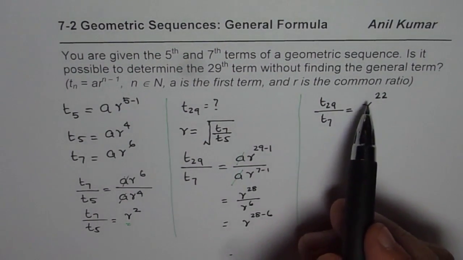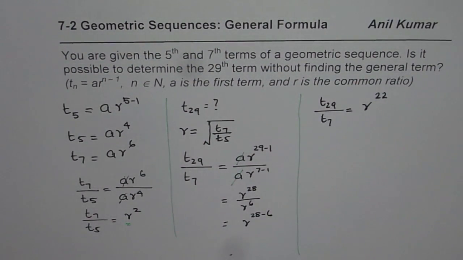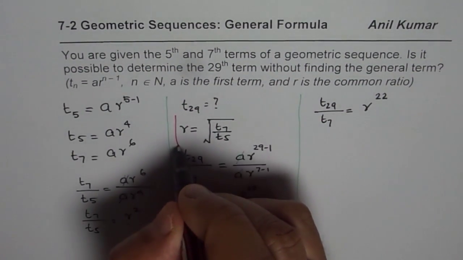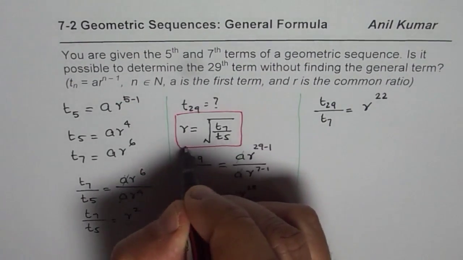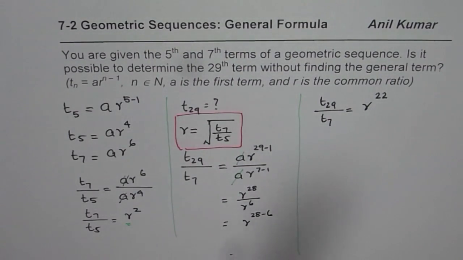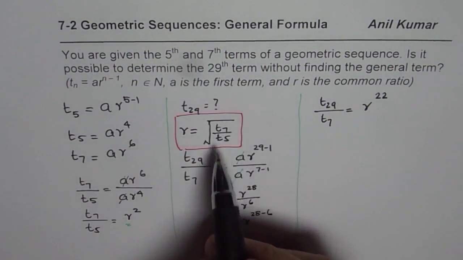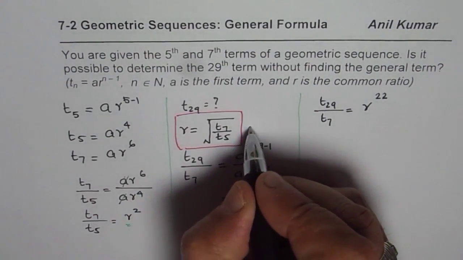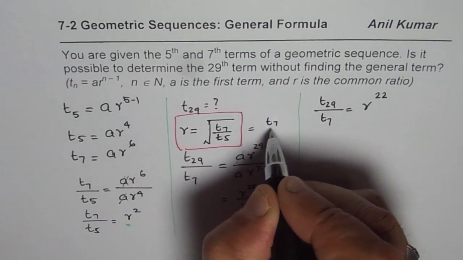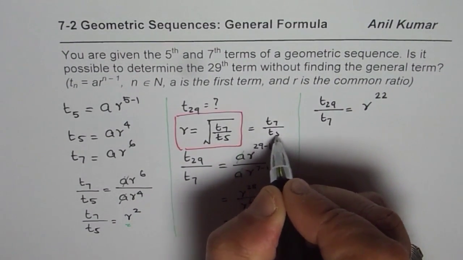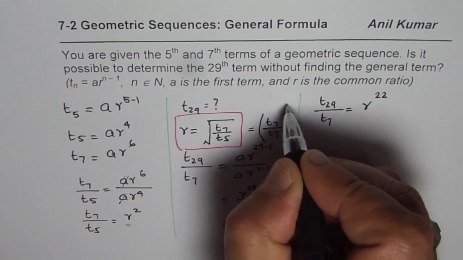But what did we find r as? As we can see from here, r is the square root of T7 over T5, which you could also write as T7 over T5 to the power of half. Do you see that? Same thing.